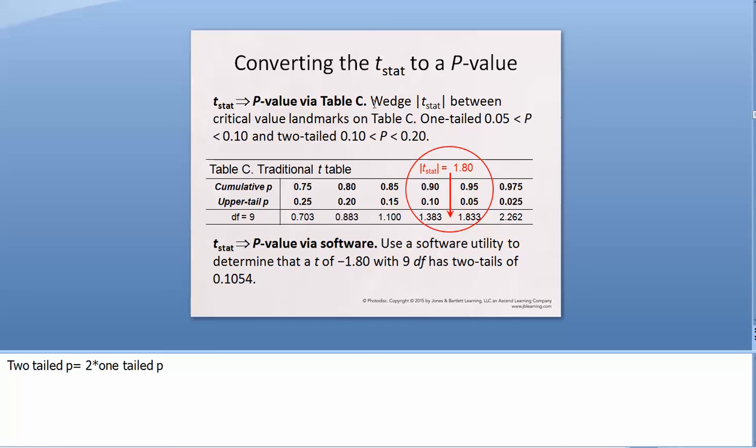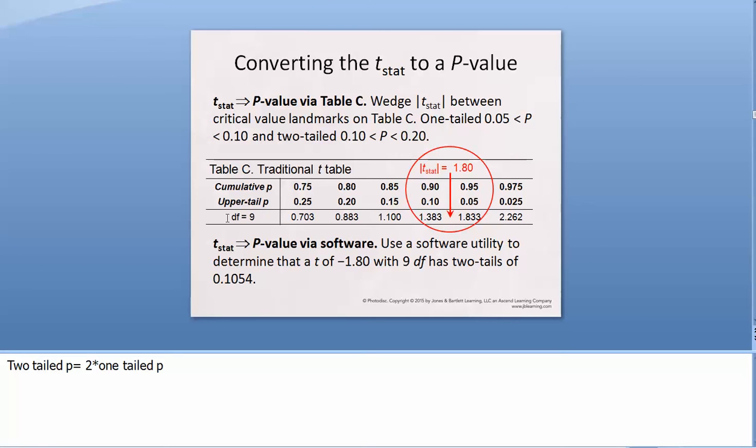Now our t-statistic worked out to be negative 1.8, but we are going to ignore negative, so that is why they have this absolute value. Absolute value means you ignore the negative sign. So your absolute t-stat is 1.8. Now we will look in the table, whereabouts is 1.8 occurring. So it's between 1.38 and 1.83.